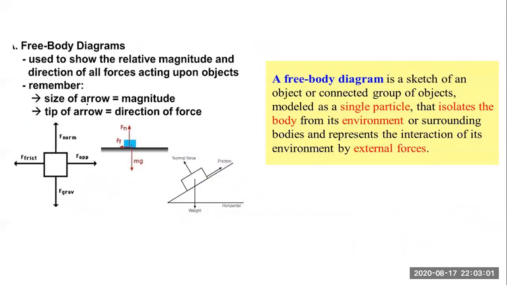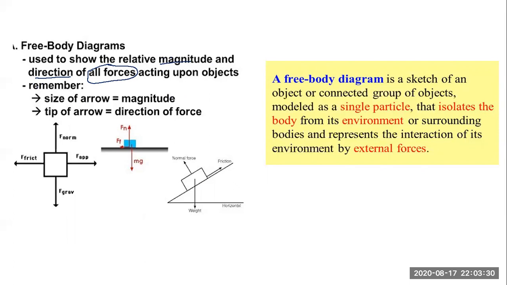A free body diagram is used to show the relative magnitude and direction of all forces acting upon the body. All forces means the externally applied forces, internal forces due to external force, and the internal secondary forces which are associated with the internal primary forces.